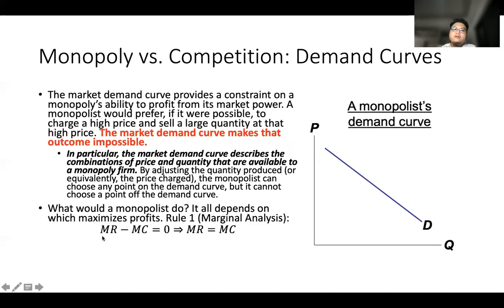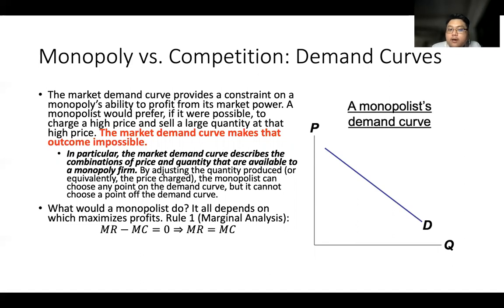So the market demand curve provides a constraint on the monopoly's ability to profit from its market power. A monopolist would prefer, if it were possible, to charge a high price and sell a large quantity at that high price, but the market demand curve makes that outcome impossible.